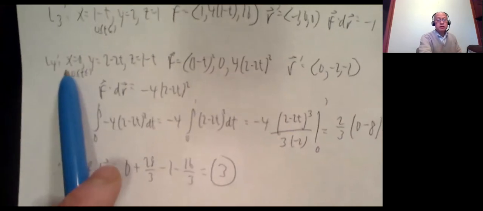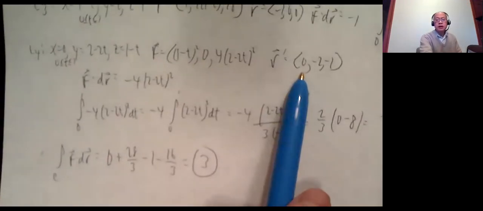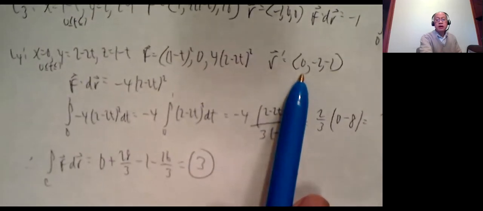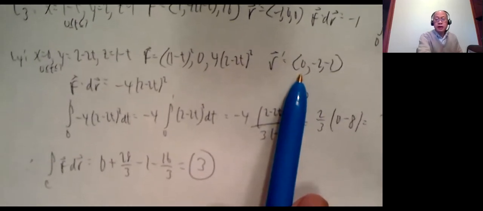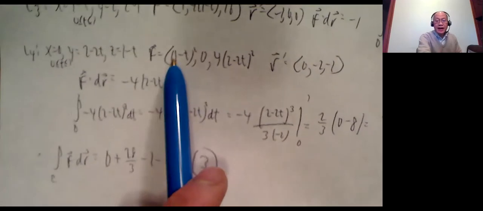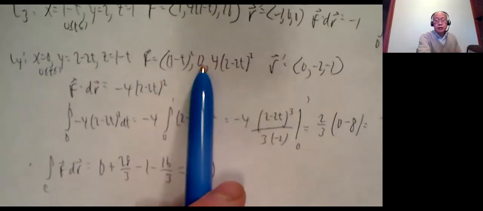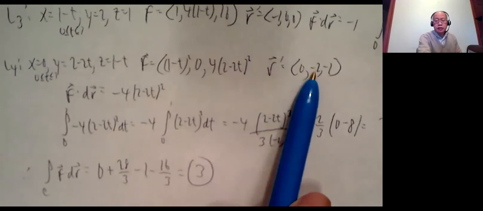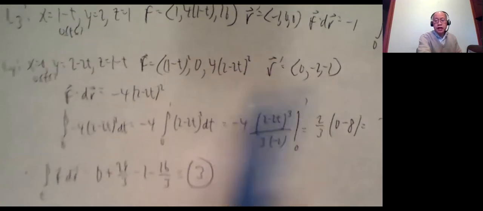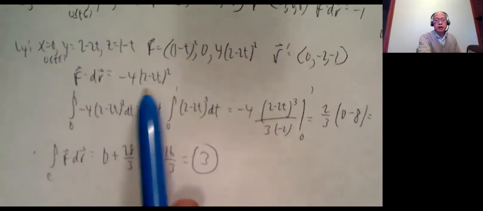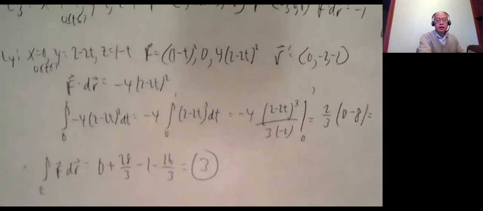The derivative of this is 0, -2, -1. For the dot product, that times that is 0. The middle component times that is 0. That's also nice. So the only thing of substance is -1 times 4, 2 minus 2t squared. So -4 times 2 minus 2t squared. That's what I'm integrating.